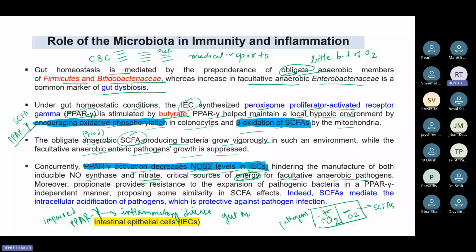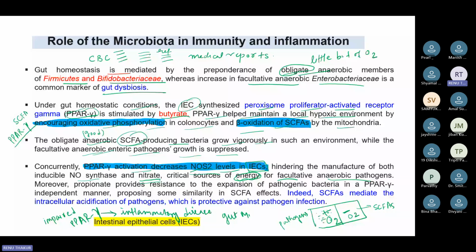Like it is promoting the oxidative phosphorylation in the colonocyte to maintain a hypoxic environment. Hypoxic environment means a low oxygen condition in the cells of our gut. And it is also promoting the beta oxidation of the short chain fatty acid by the mitochondria to produce the required energy which our body needs for the normal metabolic machinery.